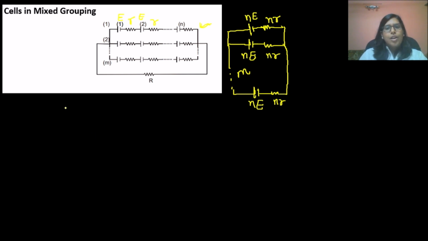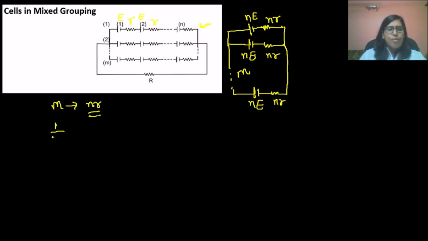Now the net EMF for this circuit will be, there are m internal resistances in parallel combination and each value is nr.